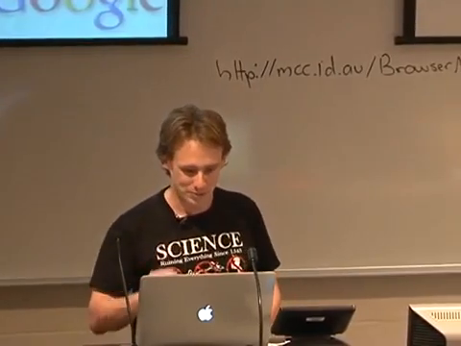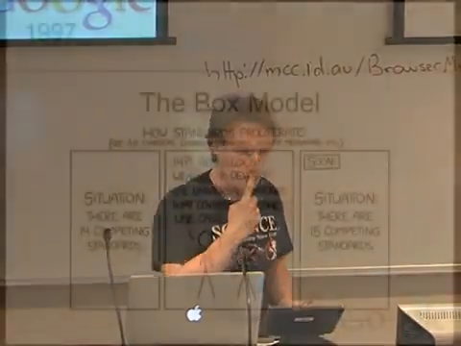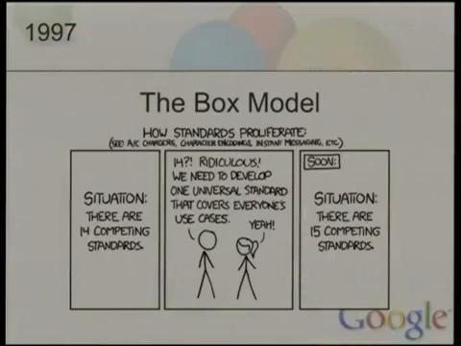But there's more to this story, of course. What happens when you have 2 standards for how things should work? So there's the original box model, and the standards compliant box model, let's call it, which has content equals width.